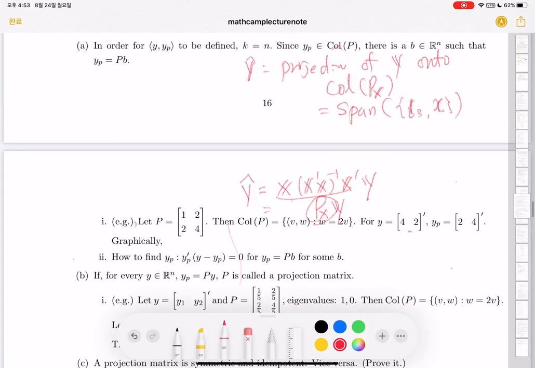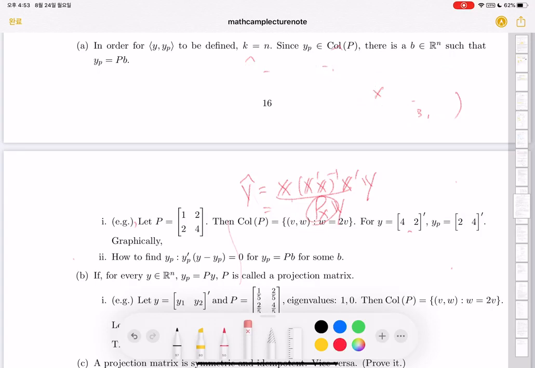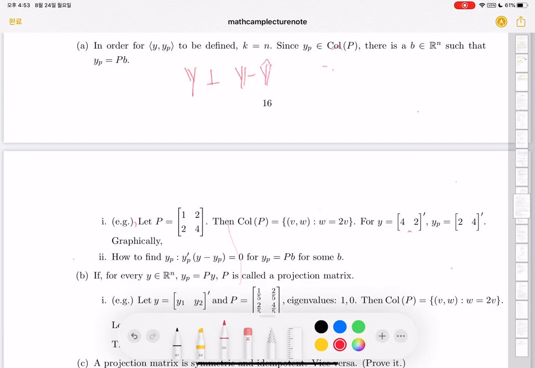And projection means y hat and y minus y hat are orthogonal, right? That's what a projection means.